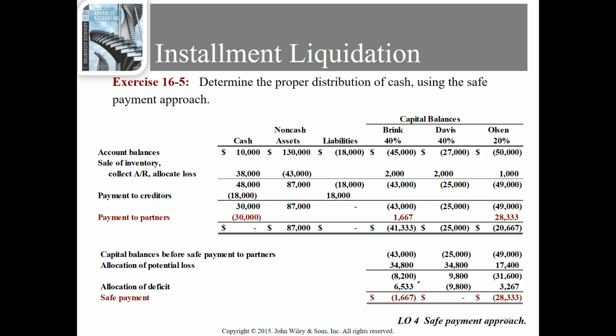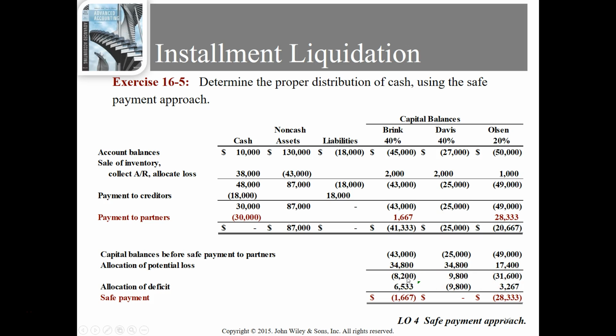So the $87,000 gets allocated between each of the different partners, 40, 40, 20. 40% of 87,000 is 34,800. 20% of 87,000 is 17,400, leaving us with the following capital balances.